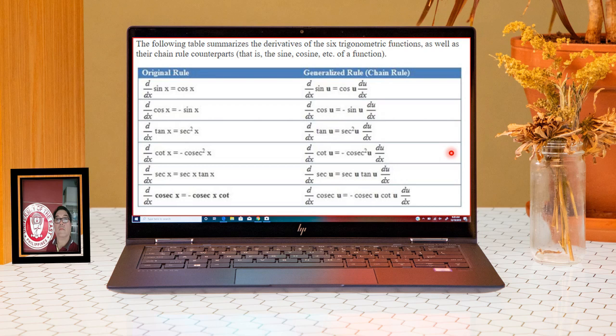Ngayon, I would like to remind each and everyone, lalo na dun sa mga students ko, meron po akong in-upload sa ating module na mga trigonometric identities.